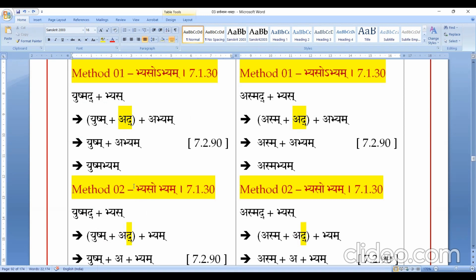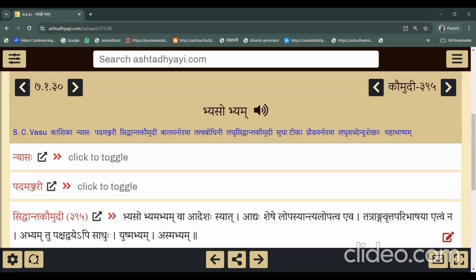Yes. This is what Siddhanta Kaumudikara, yeah. Here you can see Siddhanta Kaumudikara says Vyasaha Bhyam, Abhyamba, because Siddhanta Kaumudikara does Antya Lopaha, right? Siddhanta Kaumudikara Antya Lopaha. Therefore it is Bhyamba, Abhyamba.